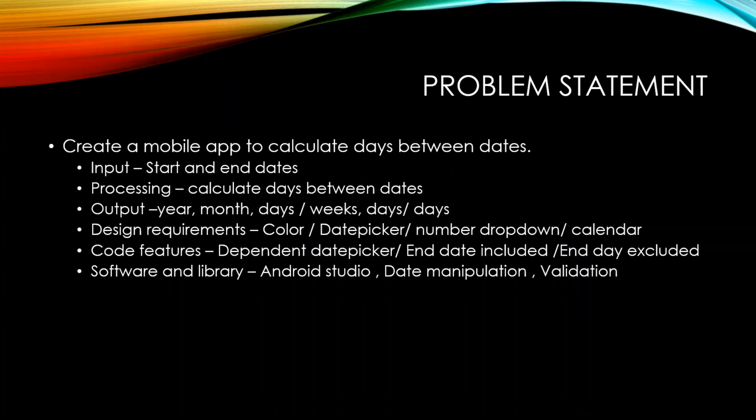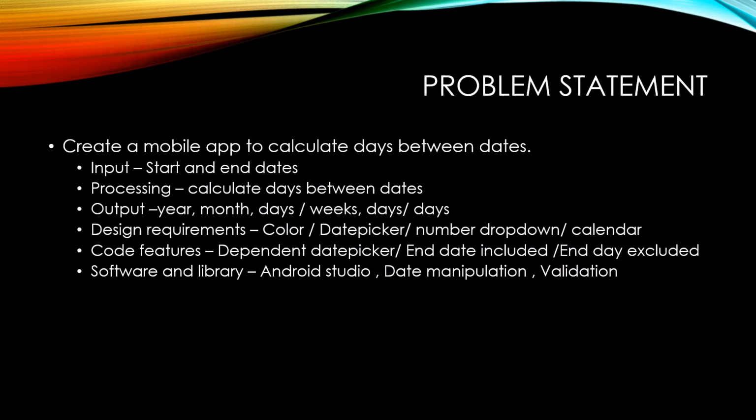So whenever you take input from the user, you have to make sure that it is in the right format. So validation is very important. It is very important in mobile app designing that entering the input should be easier for the users.